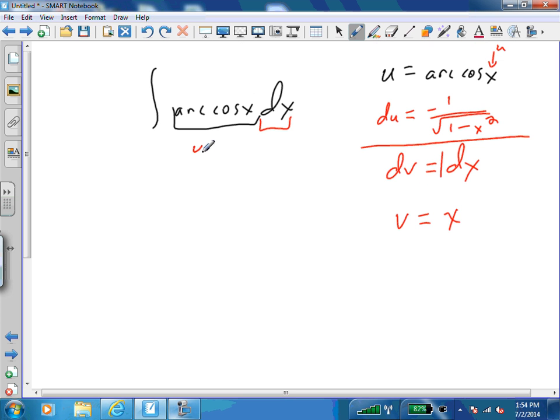So if that's u and that's dv, then the integral of dv integrates into u times v minus the integral of v du.